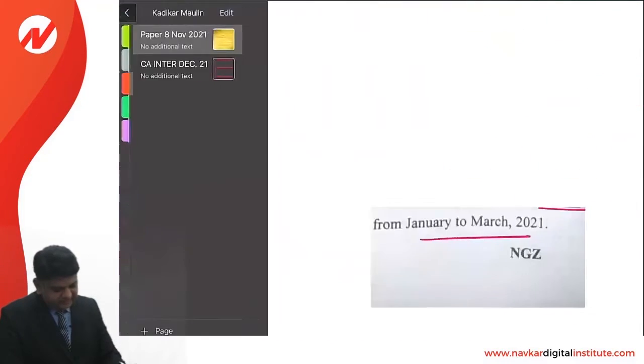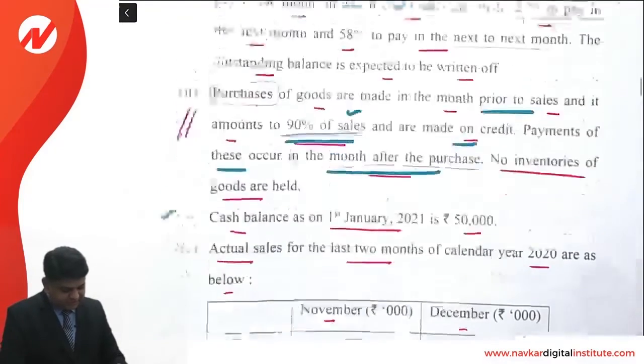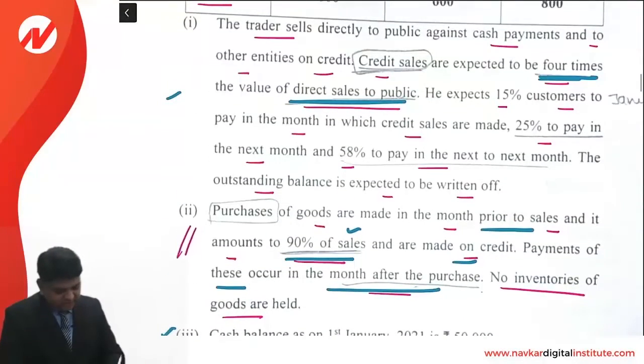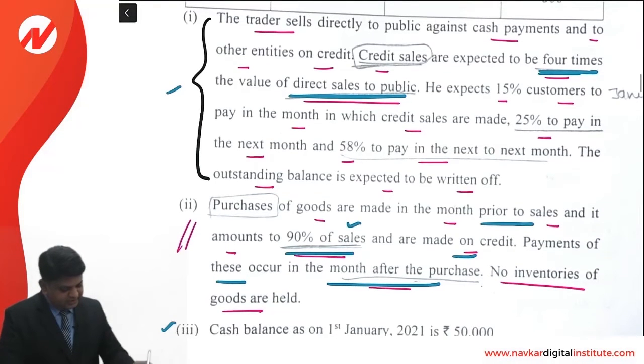As per the given information, dear students, the collection of the credit sales is made in 3 installments. It has been given to us like this. 15% customers are expected to pay in the month in which credit sales are made, 25% to pay in the next month and 58% will pay in the next to next month.